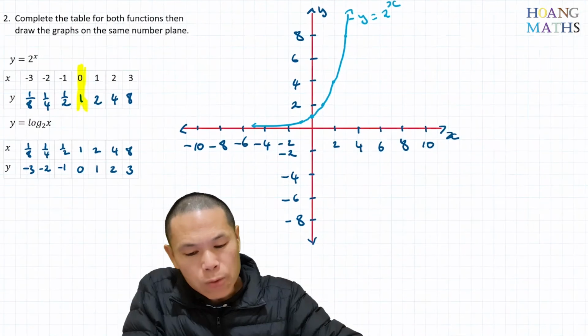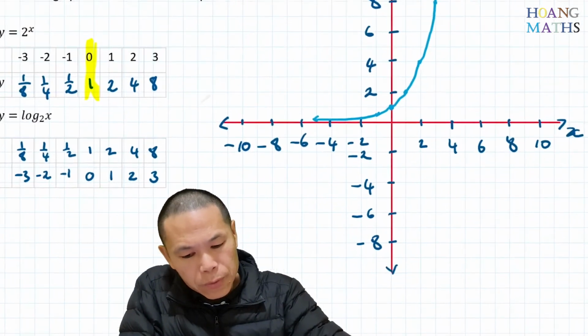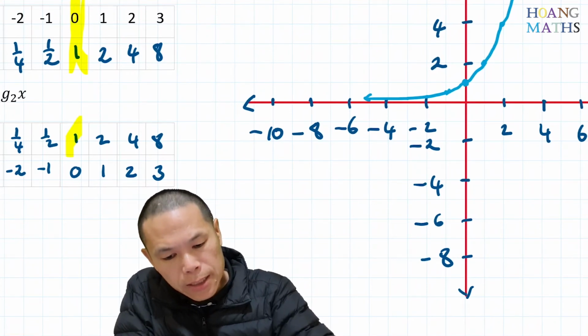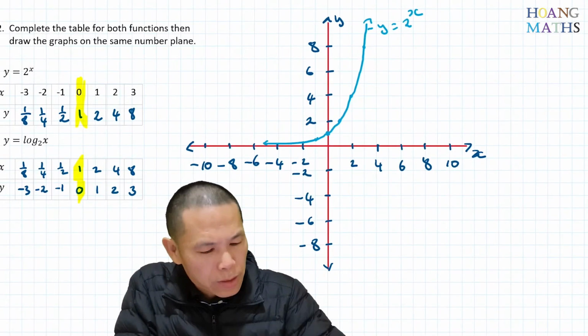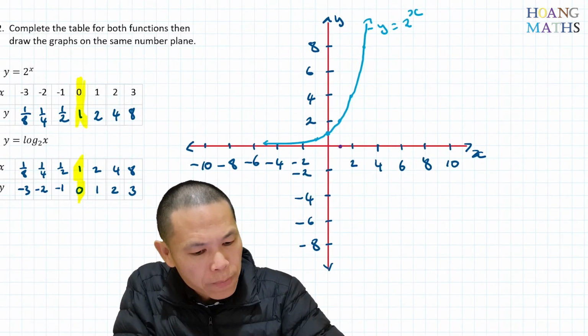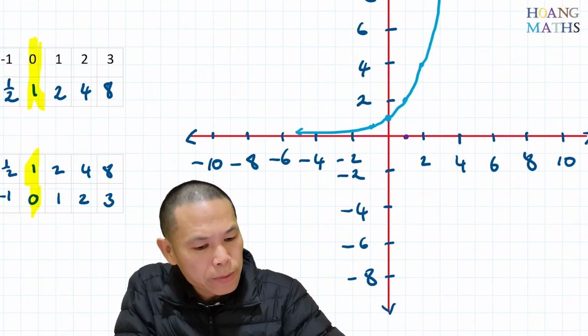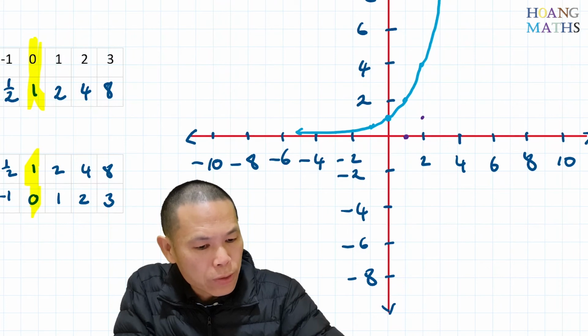And let's get the second one done. So log base 2 of x. Again, we just do the 1, 0 first. It's easier. So 1, 0 is here. And then 2, 1 here. And then 4 is equal to 2.